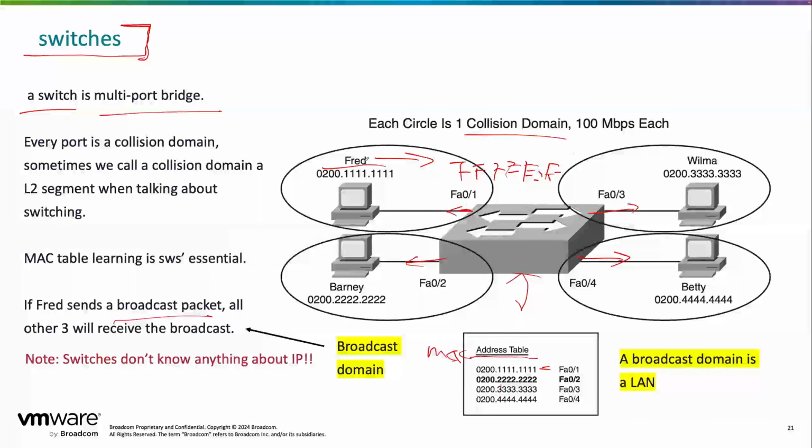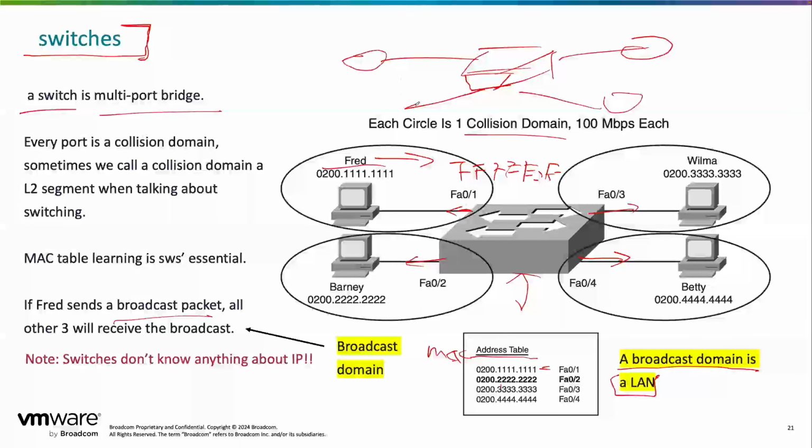We call this a broadcast domain. The broadcast domain is also called a LAN. Every LAN is isolated. If you have this LAN isolated, and you have another LAN and another bridge, this is an isolated broadcast domain. There are two broadcast domains. So a switch can split collision domains but only has one broadcast domain.